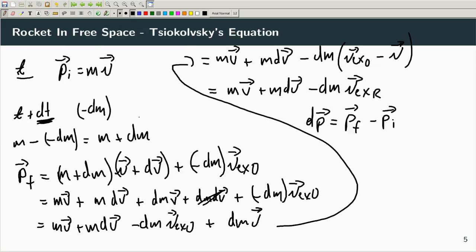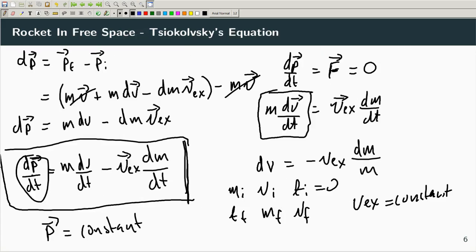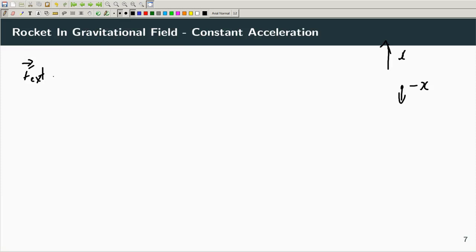going to this equation here, the external force is equal to minus, and that's a vector too.